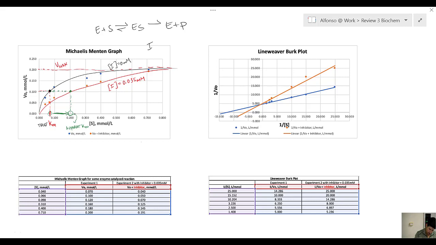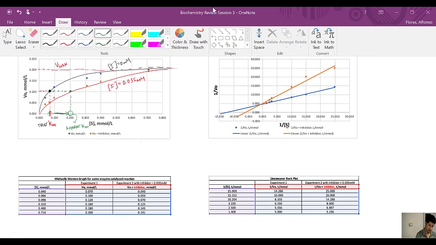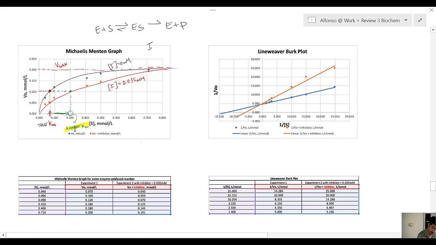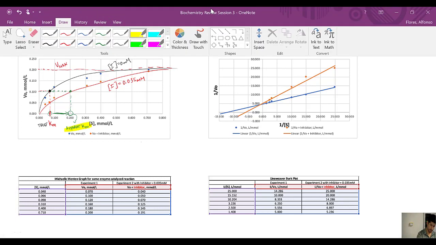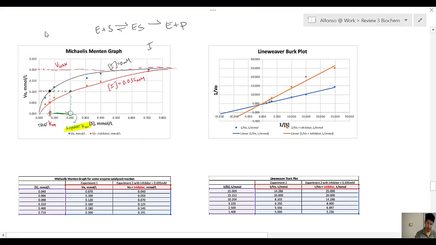I know that it's at 0.2, but I don't think it's exactly 0.2 on the data. So we have a shift in Km, and because the Km has been shifted, this is now called the apparent Km, because the Km is apparently this number in the presence of the inhibitor.